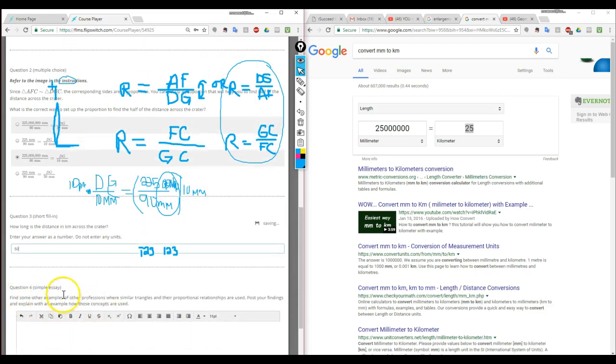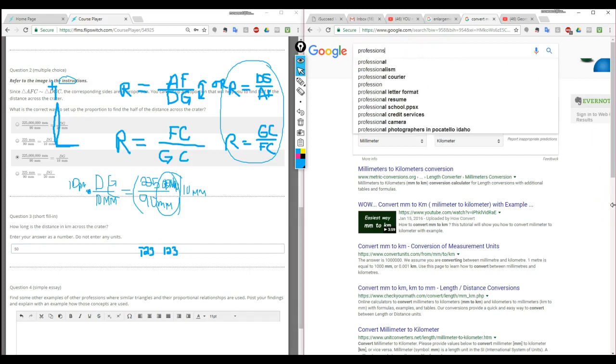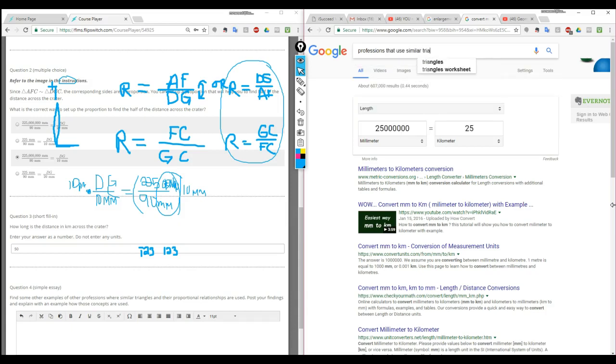Now it says find some other examples of other professions where similar triangles and their proportional relationships are used. Post your findings and explain with an example of how those concepts are used. So I would type in professions that use similar triangles.